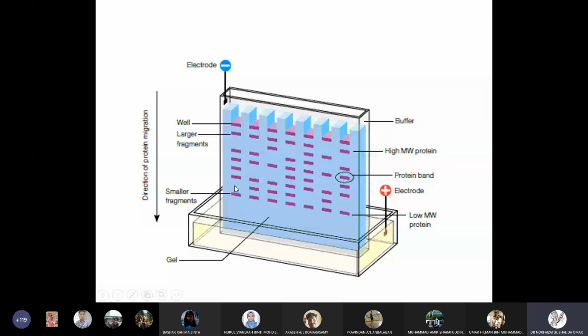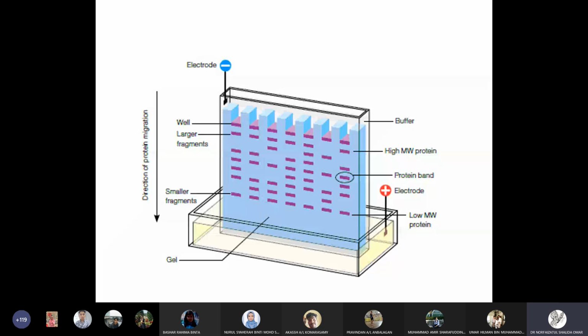The proteins will be separated based on molecular weight, meaning the larger fragments will move much more slowly, whereas the smaller fragments will move much more quickly. So this is how we can separate the proteins. You can see the protein bands, and that's how you can differentiate between the different proteins, because our plasma protein contains globulin and albumin.